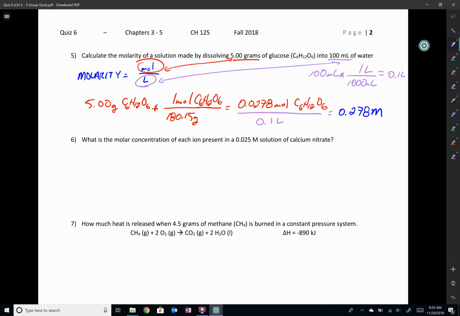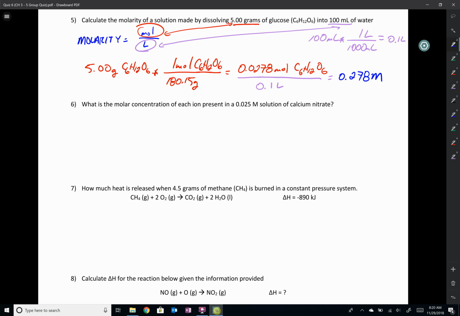Now question 6 is asking about what happens once we make a solution. It says, what is the molar concentration of each ion present in a solution of calcium nitrate? So calcium nitrate. We need to know the chemical formula for this.